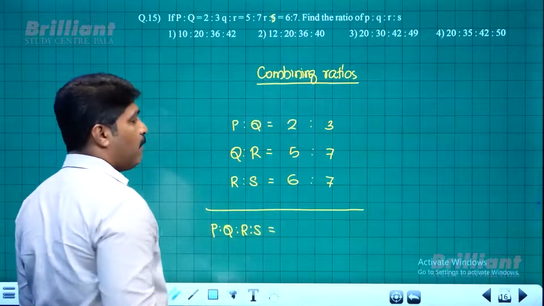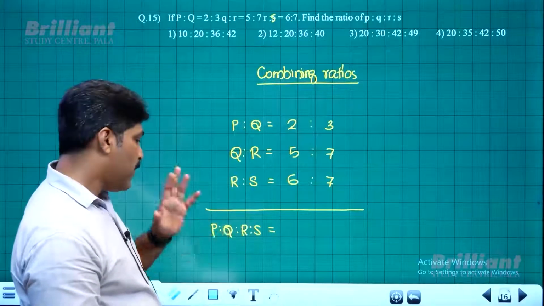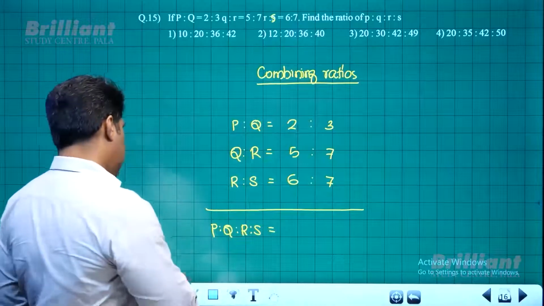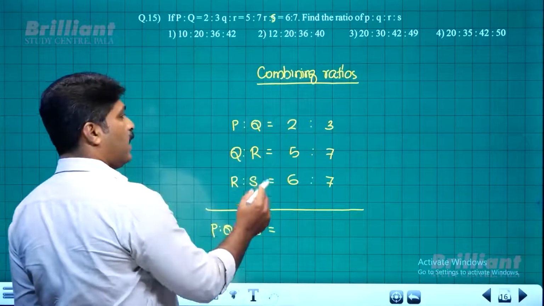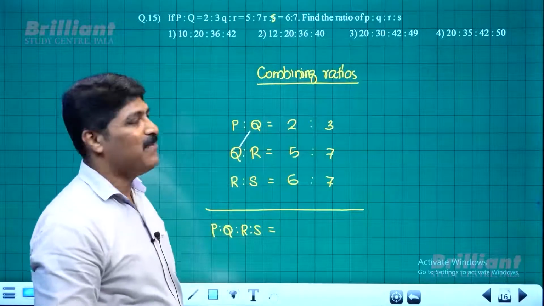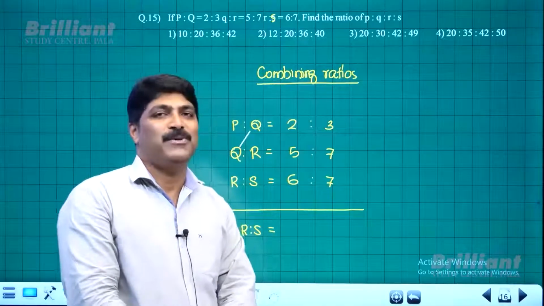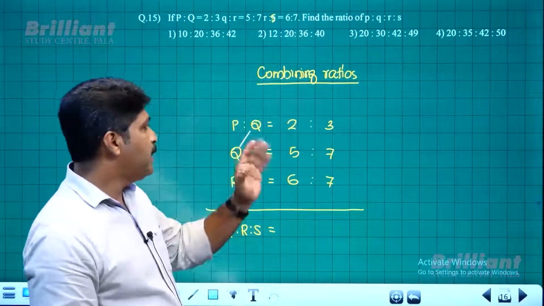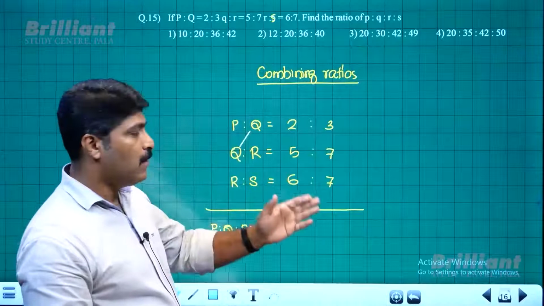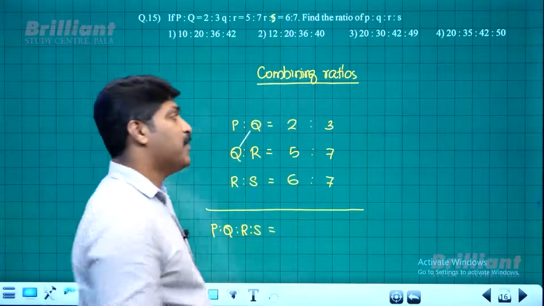So here we are combining three ratios. For combining these three ratios, first you have to make sure these values are the same. Here the first ratio's end value is the same as the second ratio's starting value. What is the technical terminology for those values? In a ratio, the first value is called the antecedent and the second value is called the consequent.